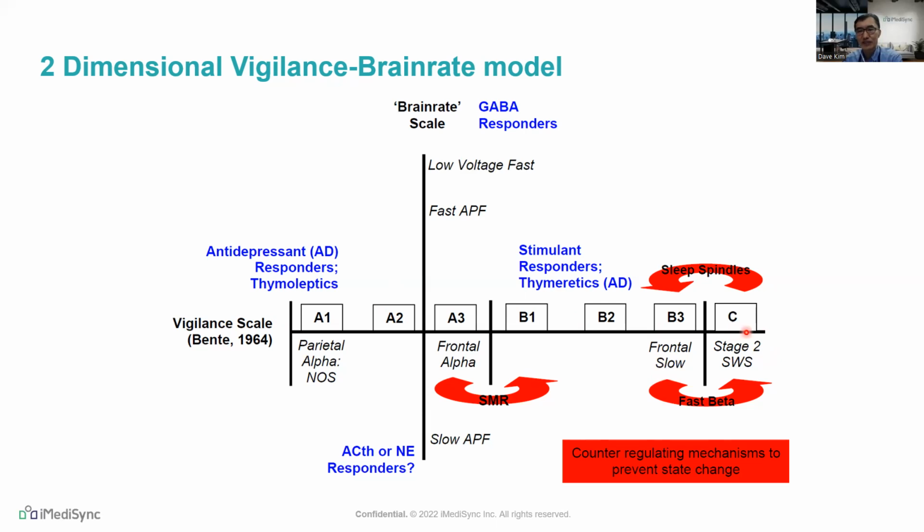With this vigilance model and brain speed on the y-axis, we can identify four different brainwave directions, and we can match medication with each direction.